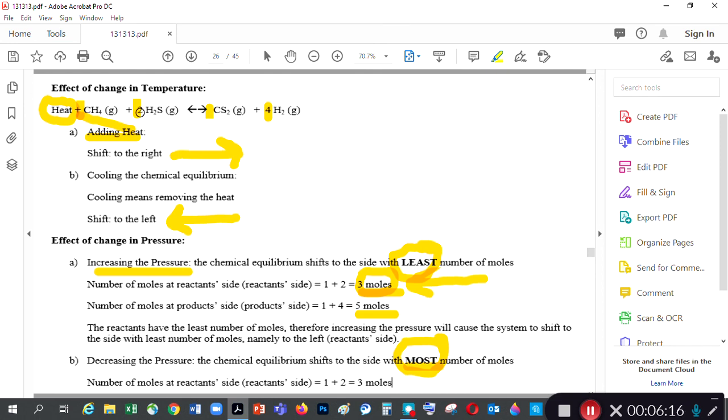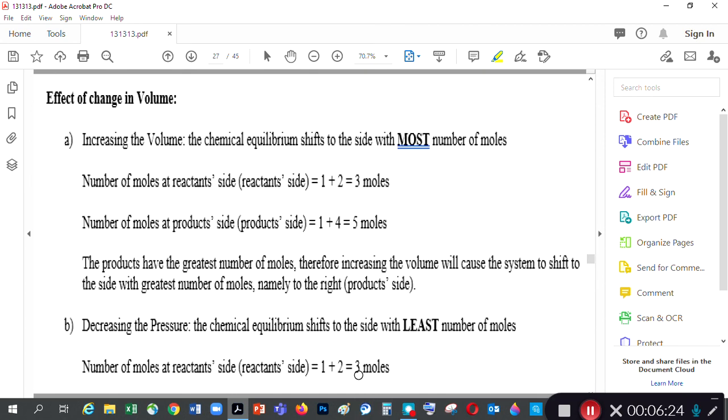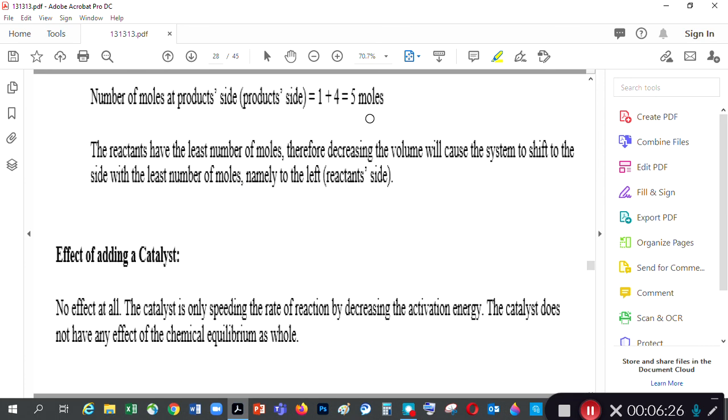Where is the most? The most is 5 moles, the product side. So it will shift to the product side, correct? So let me repeat it again.